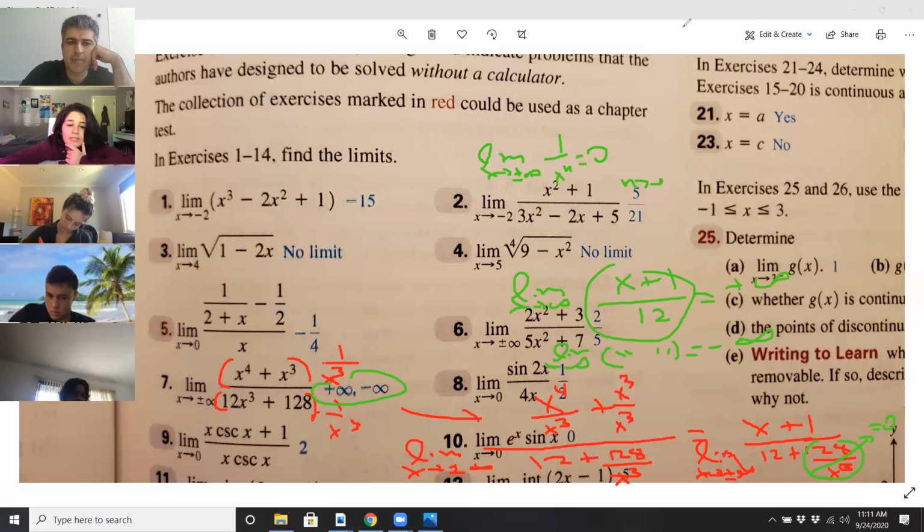Wait, so for number 7, when the degree on the denominator is lower than the degree on the numerator, it doesn't mean that there's no limit. It just means it's infinite. Sorry, we said when the degree of the numerator is higher than the denominator? No, lower. Oh, when the denominator is lower, it's y equals 0.